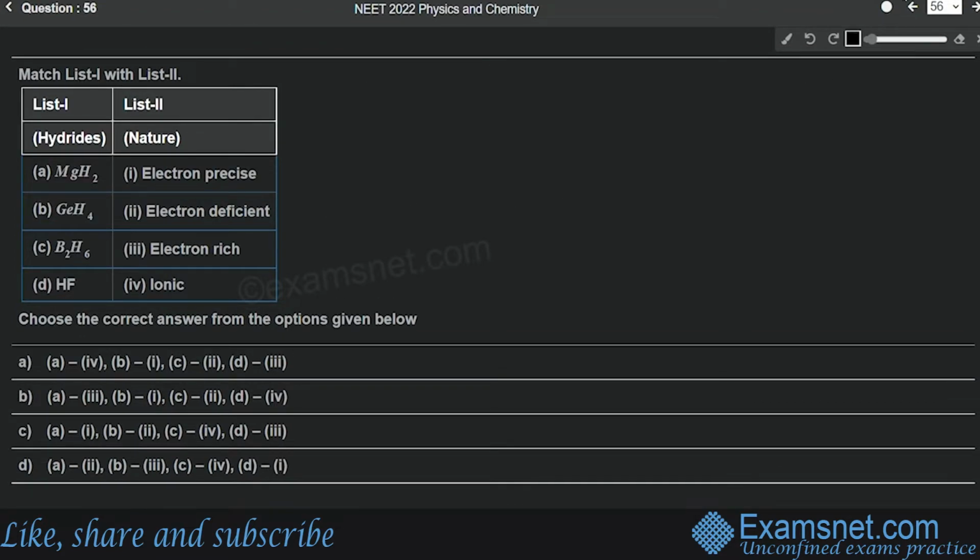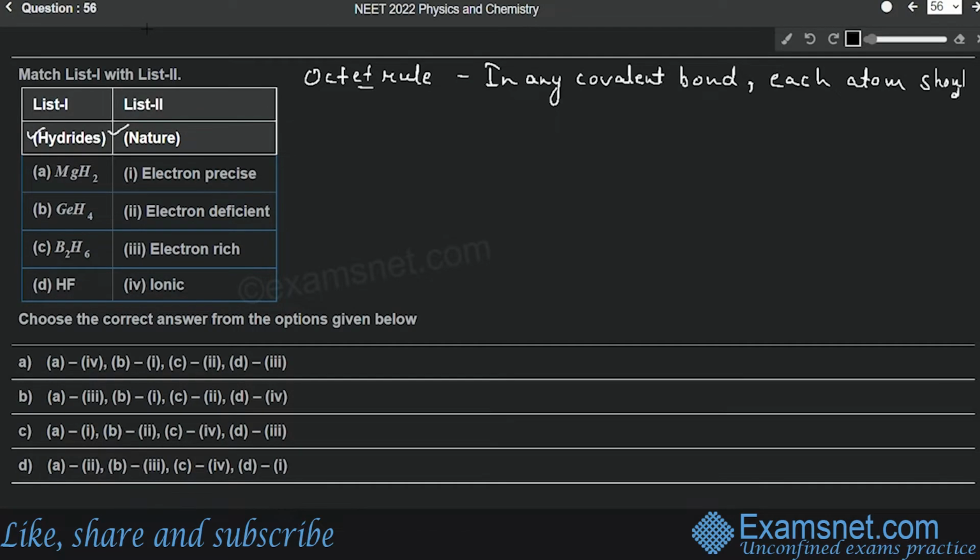Question number 56 is from the chapter hydrogen, and here we have to match the hydrides with their nature. So in order to solve this question, first we should know about the octet rule. What do you mean by octet rule? According to this rule, in any covalent bond, what is covalent bond? The bond that is formed after sharing of electrons between the atoms, right? So in any such bond, each atom should have 8 valence electrons.